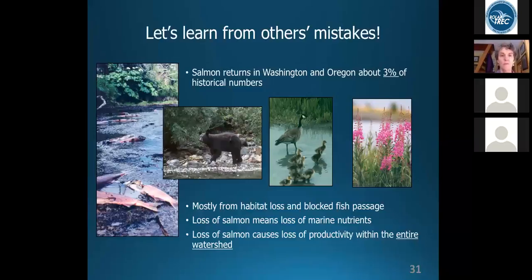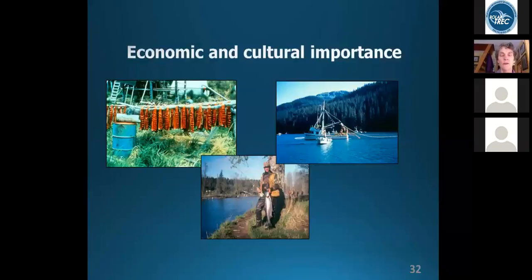So here in Alaska, the salmon just have an amazing economic and cultural importance. If you look at the salmon industry, there are thousands of jobs that are either directly associated with fishing or supporting the fishing industry.